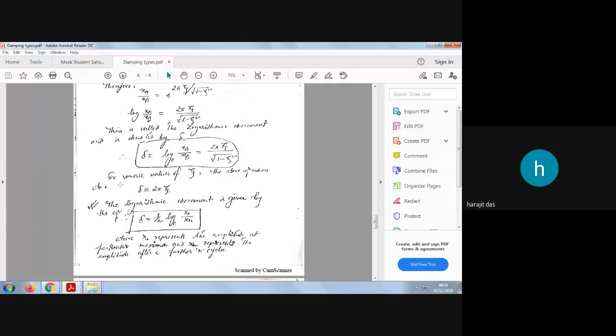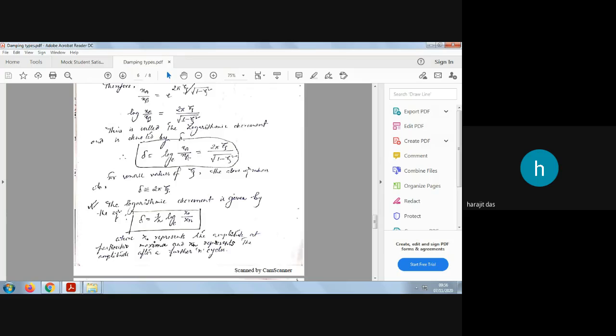So for small values of zeta, the logarithmic decrement value is 2 pi zeta. This term actually vanishes, it is exactly equal to 1, if zeta is very small. And for n cycles, this is for one cycle, isn't it?